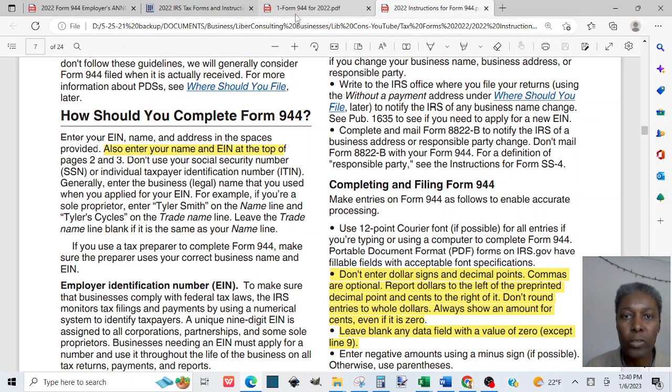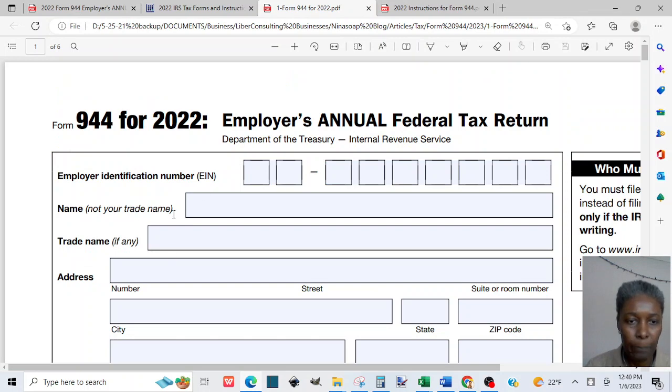So pretty much what you are going to do is, if you are a sole proprietor and you need to file Form 944 because you have employees that you pay wages to, as a sole proprietor, you put your name, first and last name, on the name line, not your trade name.